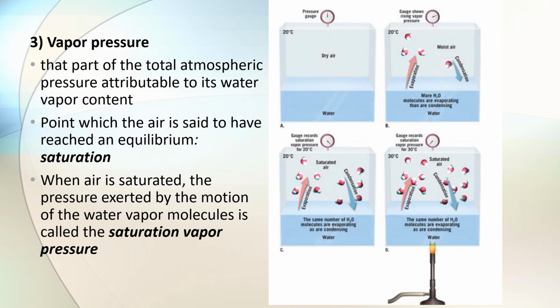So we've mentioned the balance is achieved, the equilibrium, the saturation, but in the natural environment, the balance is not always achieved because more often than not, more water molecules are leaving the surface of a water puddle than arriving.